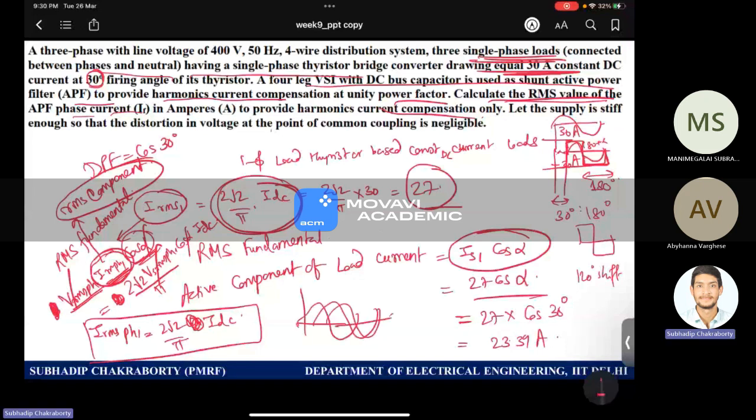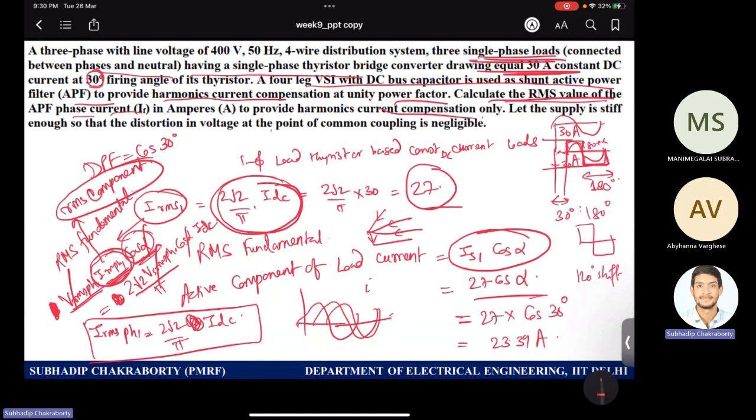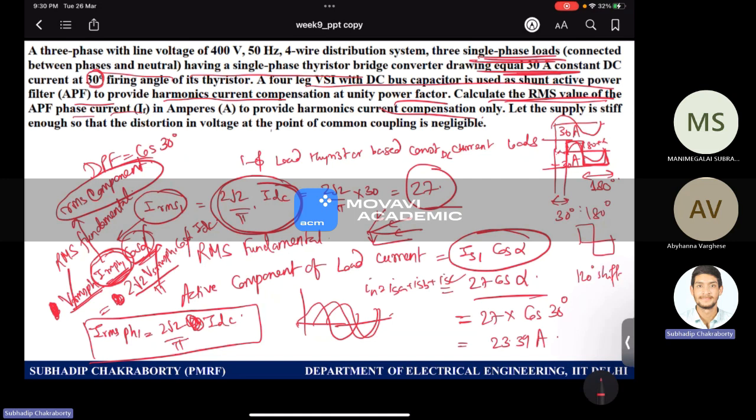Then the sum of such square waves, because this is a 3 phase 4 wire system, the neutral current is what? I neutral is ISA plus ISB plus ISC. So such 180 degree square waves, when 120 degrees shifted, if you add them, then the neutral current will also be square in nature with 3 times the fundamental frequency.